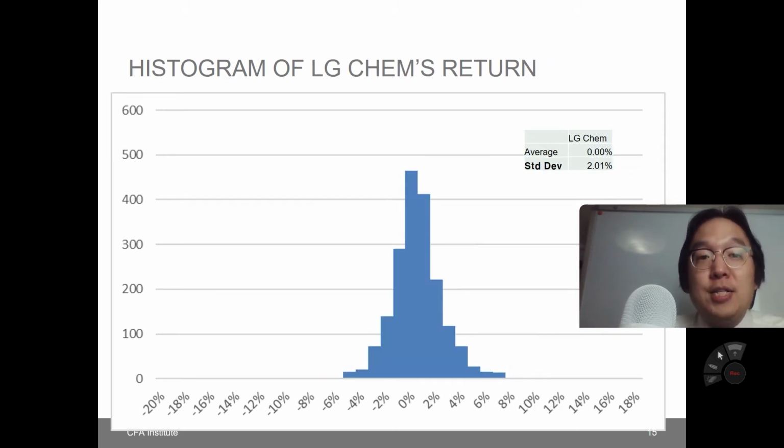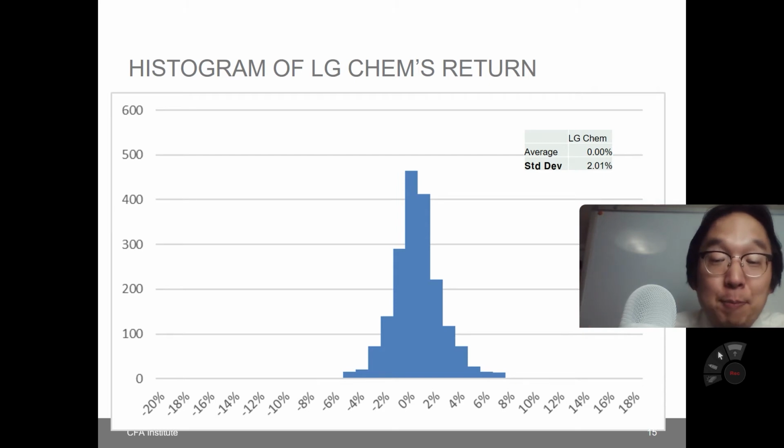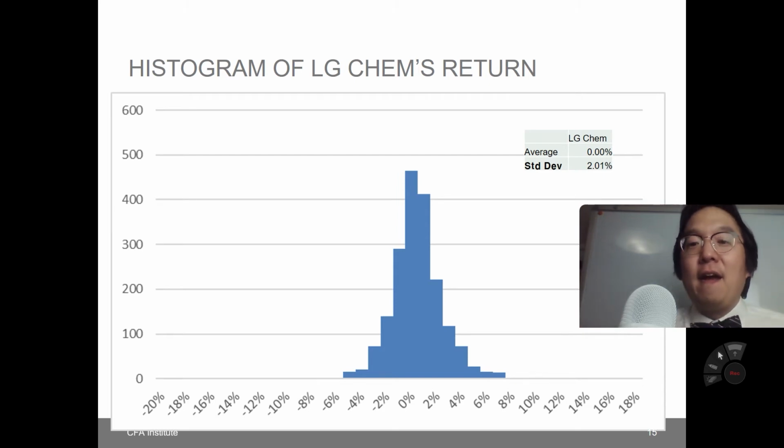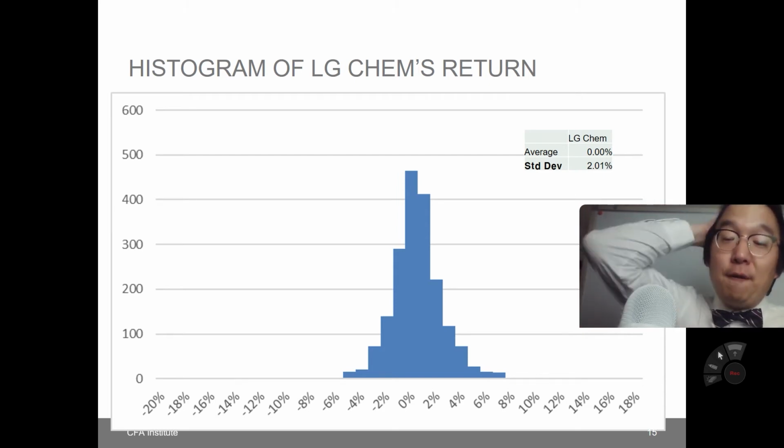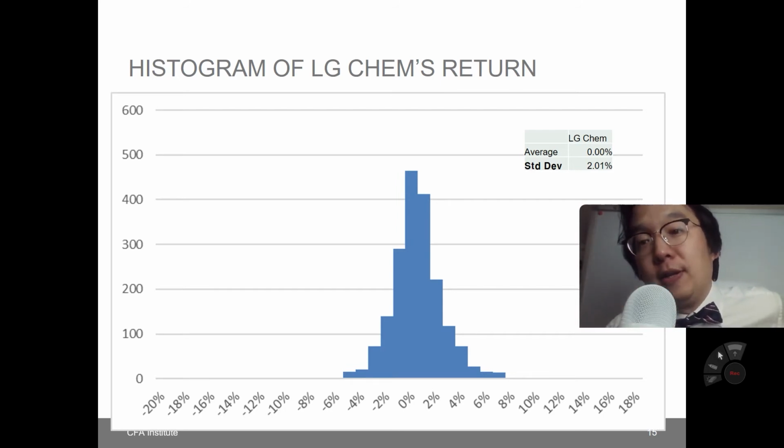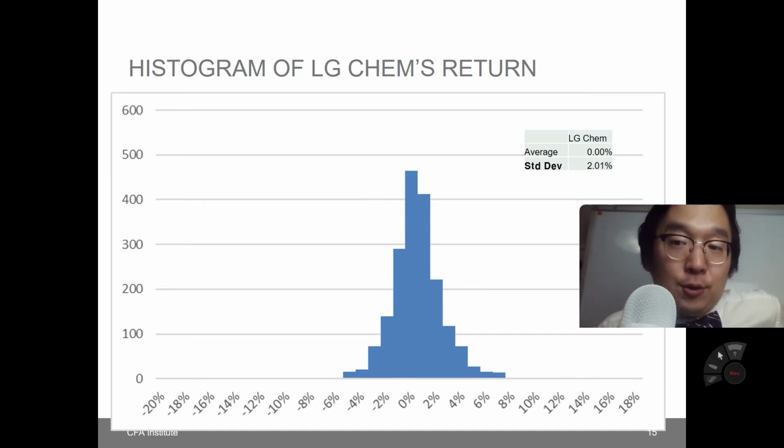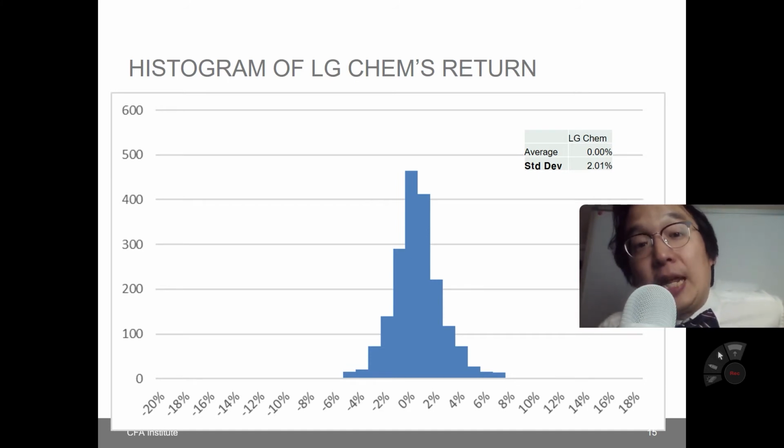How about LG Chemical, right? Average 0%. What? The LG Chemical stock price was not going up over this sample period until 2017. And the standard deviation of return is 2 percentage points, which means 3 percentage points up or down in the stock return is a big surprise for LG Chemical, right? Whereas it is not a surprise for Celltrion, okay, good.